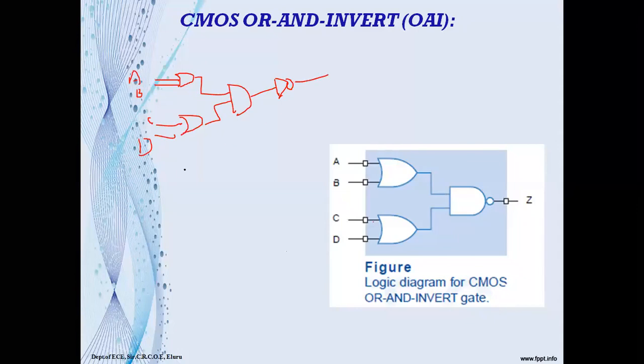So that is the OR function, AND function, and inverter function. So it is a two-level logic gate circuit here.